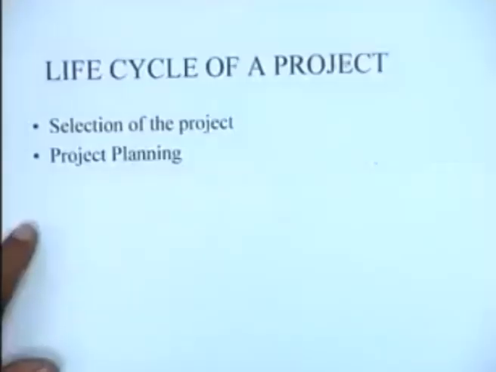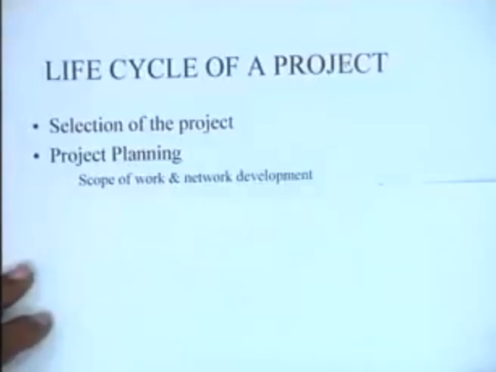The next stage would be the stage of project planning. Planning a project so that whatever you had targeted to achieve, you achieve actually. And this project planning is actually the major chunk of project management.